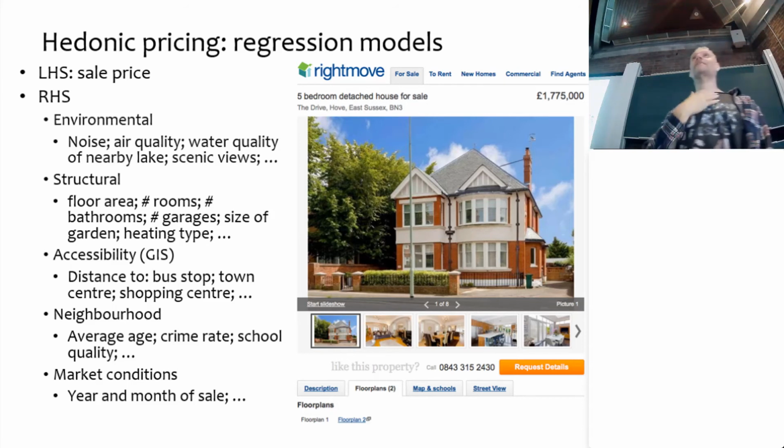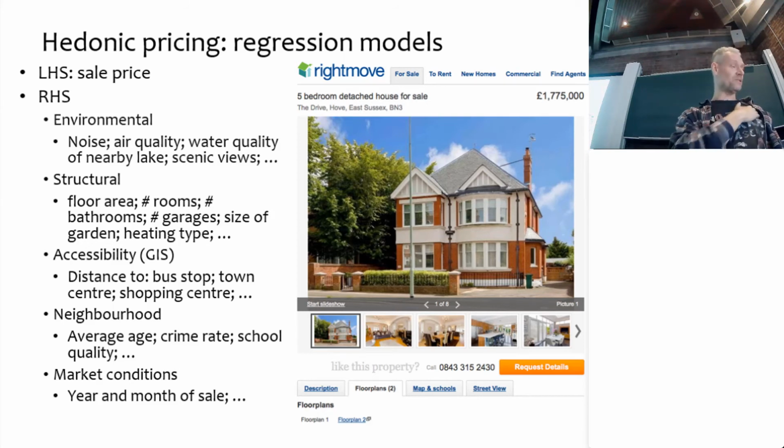You have all the structural characteristics of the house, floor area, number of rooms, number of bathrooms, and so on and so forth. Rightmove would actually tell you distance to the closest bus stop, distance to the closest train station, also distance to the closest school, and the Ofsted rating of that school, right? All those things Rightmove will tell you.